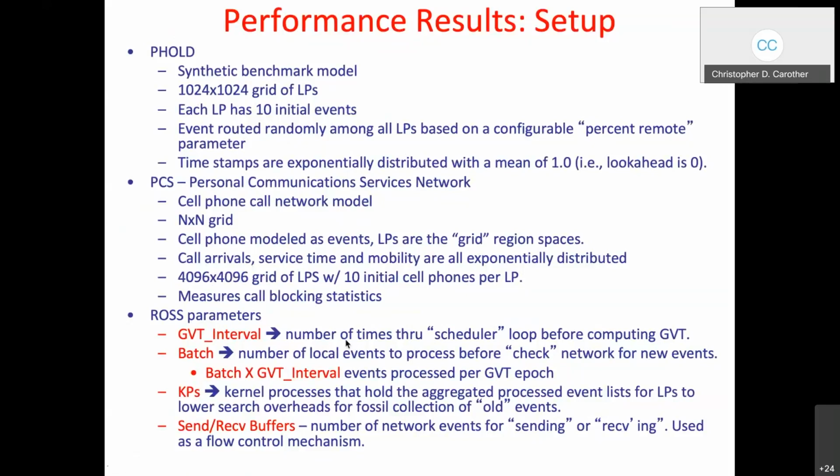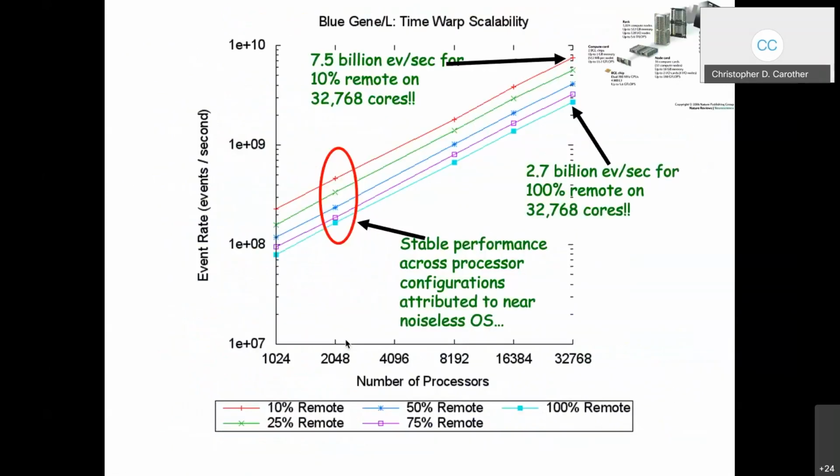Even more impressive, if we went to 100% remote, meaning every event was being scheduled to a different processing core on the system, we would see scalable results going across the system all the way up, and we got 2.7 billion as well. So we see really stable performance across the system, and we just hadn't seen that before. Again, this is attributed to Blue Gene/L's low noise jitter. It was very reliable in this regard.